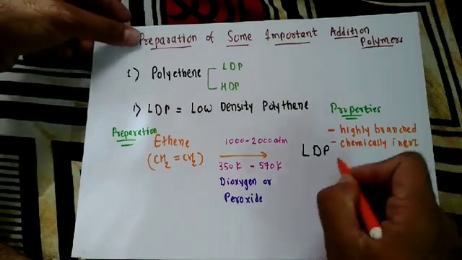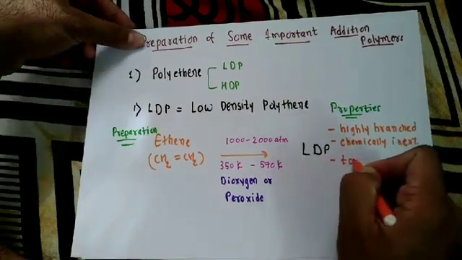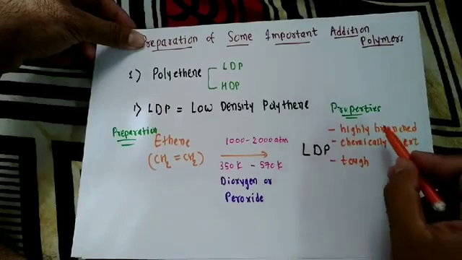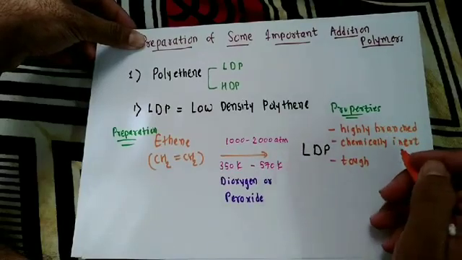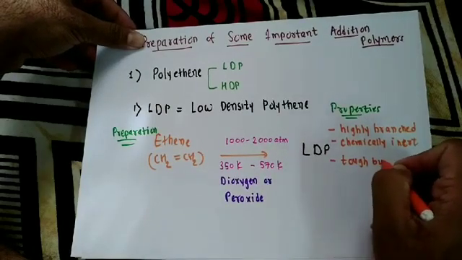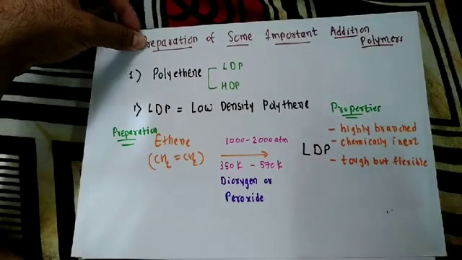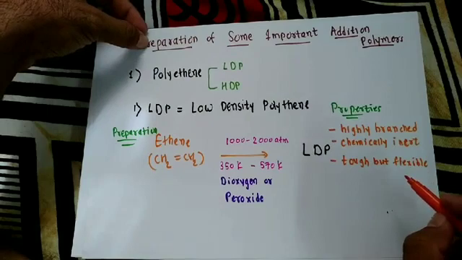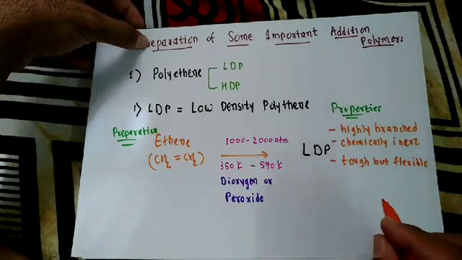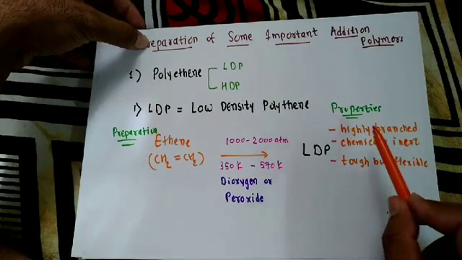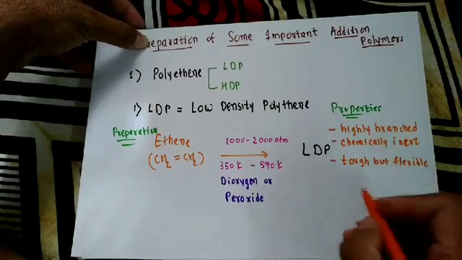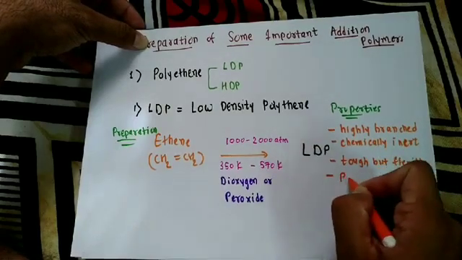The third property is that it is tough but flexible. It is highly branched, chemically inert, tough, and polythene is also flexible in nature. But as it has a branched structure, it is a poor conductor of electricity.